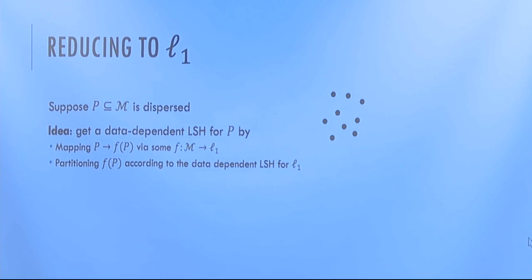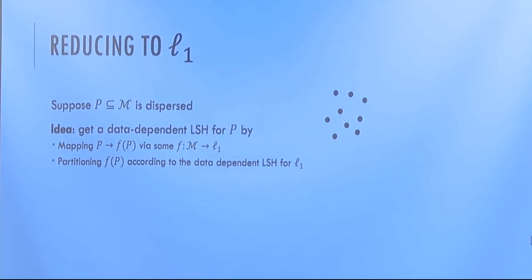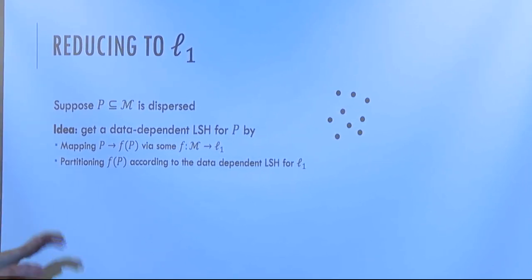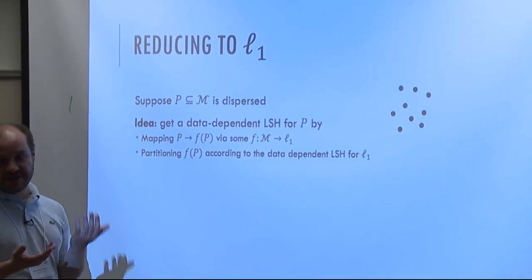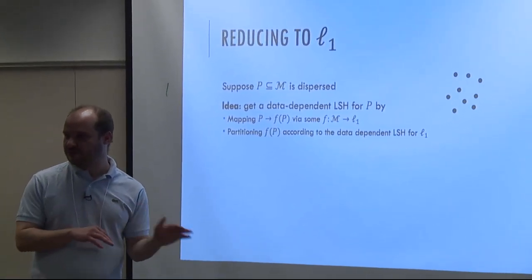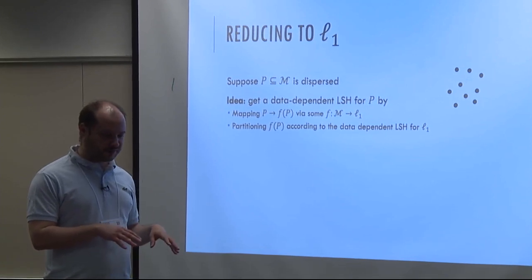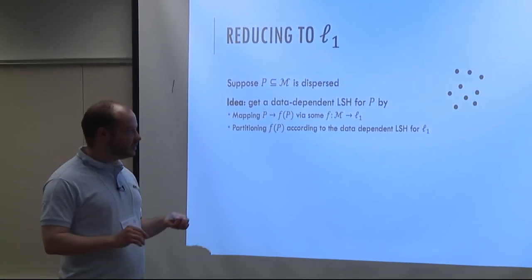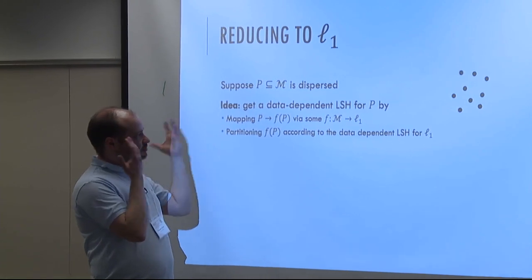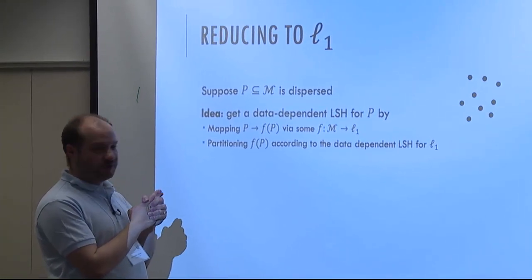Okay, good. So this is the idea of the data structure. It's one idea; it doesn't explain the whole data structure. Suppose I give you a point set that's somehow dispersed. If it's not dispersed, we'll see what to do about that later. It's easy to deal with that part actually. But let's say P is dispersed. Those end up being the hard point sets to deal with.